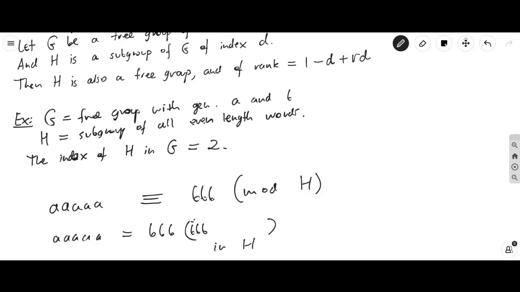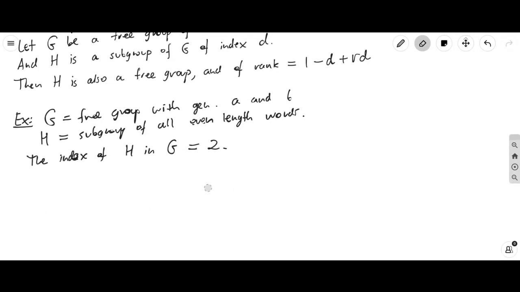And then you have to use 3 B's, but with inverses, and then 5 A's, and in total that's 8 of them. So any 2 odd words are congruent mod H. So that means that if you have a word, it is either already in H, and if you have 2 words that are not in H, then they're congruent mod H. So mod H, you only have 2 cosets. So that's why the index is 2.